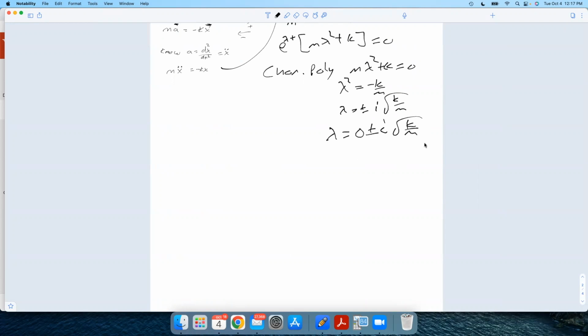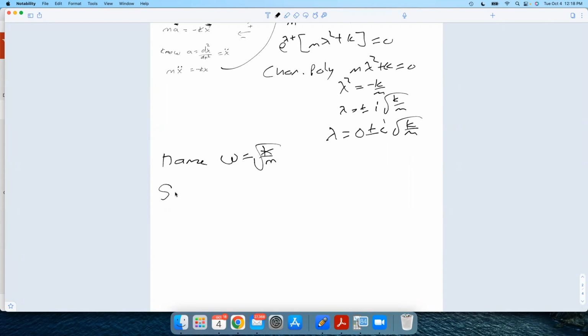So remember, when you get complex solutions, the real part, whatever's here, goes in your exponentials, goes in your e's. The imaginary part, without the i, right here, goes in your sines and cosines. So we're going to name that number there omega, square root of k over m.